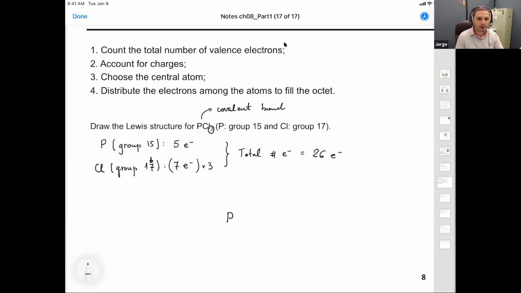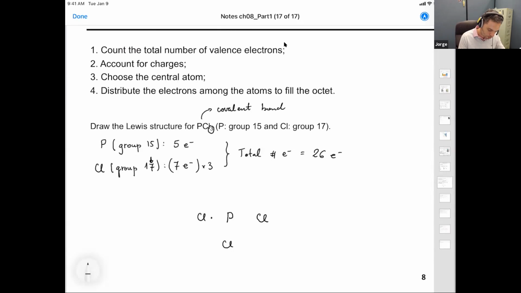Fourth step is to distribute the electrons among the atoms to fill the octet. So the trick that I will do here is to draw the 3 chlorines around the phosphorus. Okay. And now we start making a single bond between each chlorine and phosphorus.